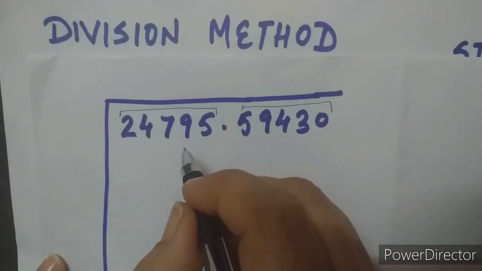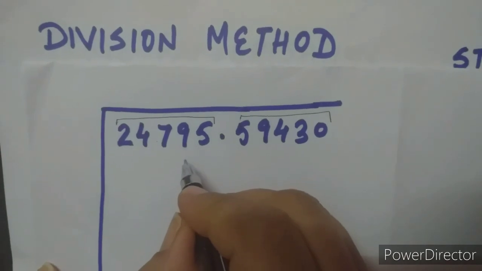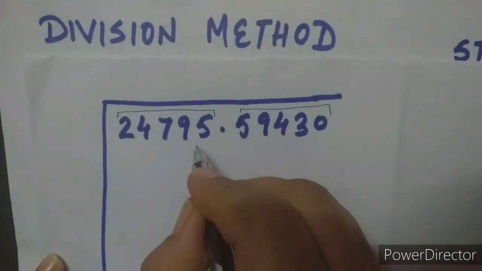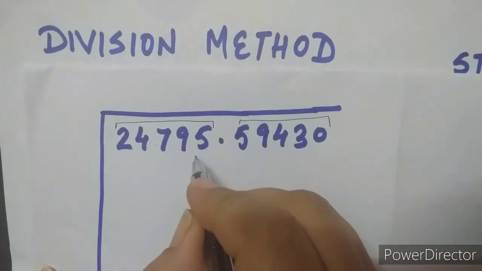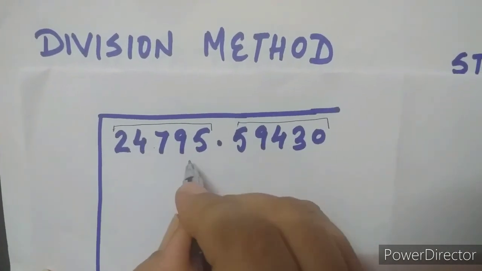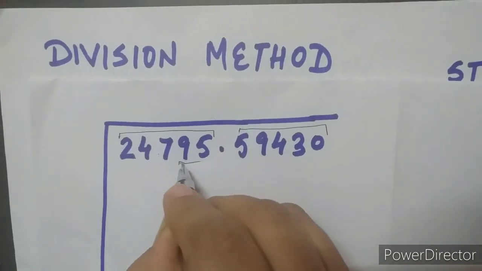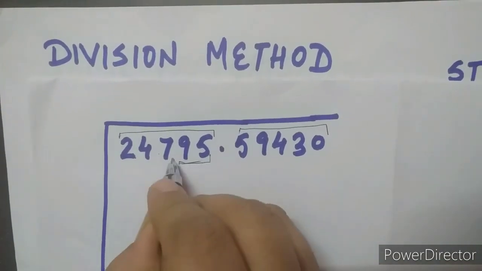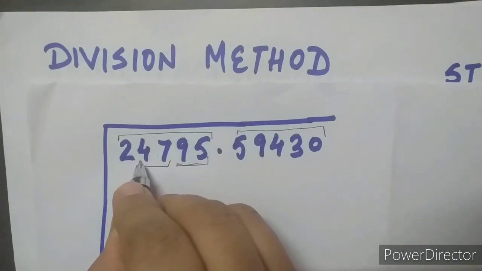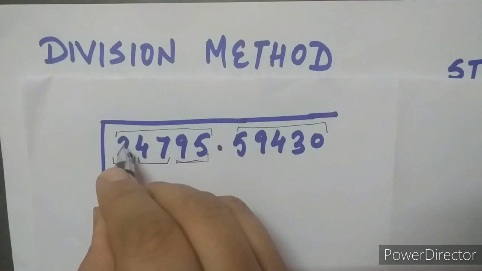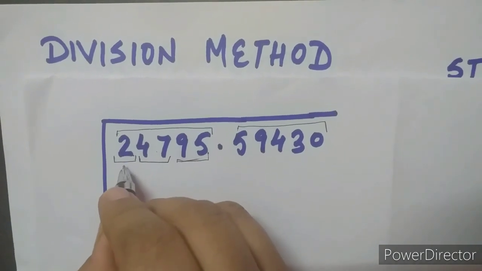In that case we would have done our pairing from right to left, as told earlier in the previous example of the division method, starting from the units place. So this would have been our first pair, then 47 would be our second pair, and the third would remain unpaired. Only 2 will be the member of that third group.